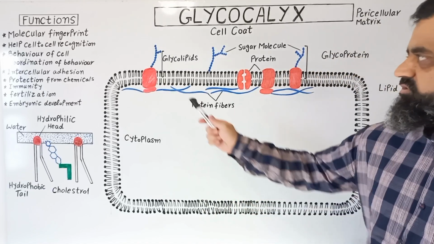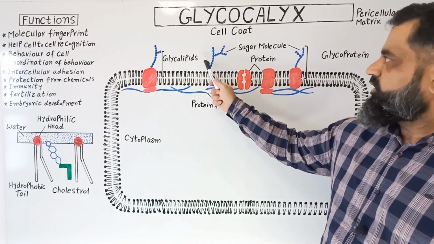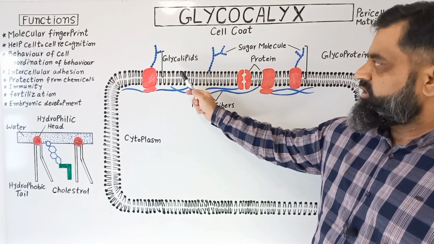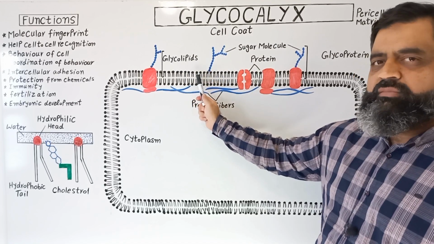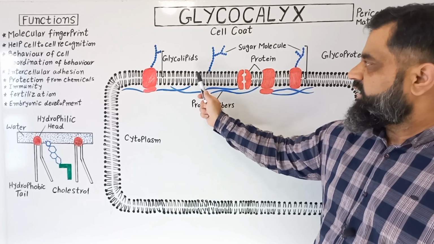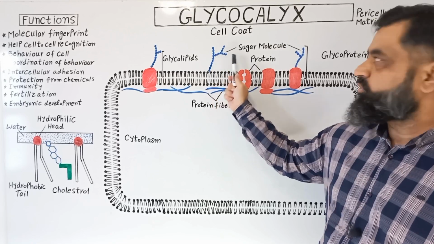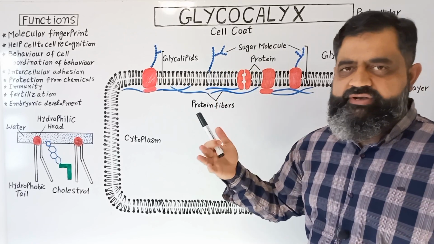So on the outer surface of the cell membrane, you can see molecules of glycolipids. How do they form? This is the lipid layer of the cell membrane, which is known as the lipid bilayer, and these are blue in the diagram. These blue molecules are sugar molecules, which are carbohydrates.